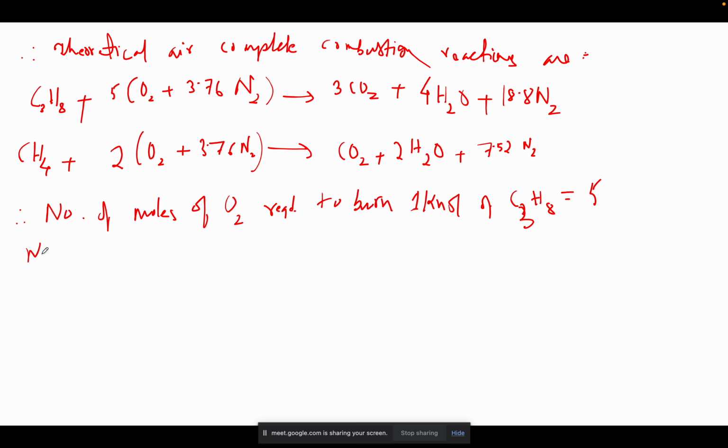And similarly, the number of moles of O2 that is required to burn 1 kilomole of CH4 is equal to 2.